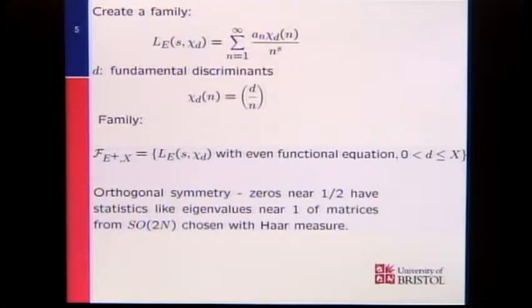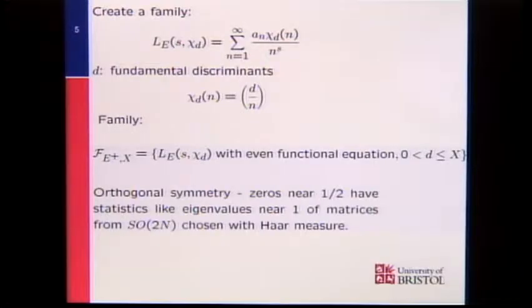For fundamental discriminants d, we have a character that's just given by the Kronecker symbol. This takes values plus or minus 1 or 0. So for a given d, as you run through n's, you get a sequence of plus or minus 1s or 0s, which modify your original L function to give you a new L function. As you vary d, obviously you get a different sequence of plus or minus 1s and 0s.